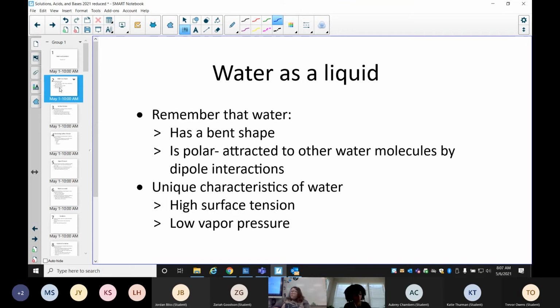It had a low vapor pressure. And whenever water freezes, because of the hydrogen bonding and the way it locks up, it traps air within the molecule, which is what makes ice less dense than liquid water. So that's why ice floats in water. All the special properties of water are due to those hydrogen bonds overall.